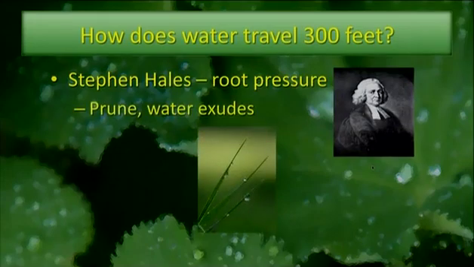But some plants don't actually bleed so much after you cut them. Also, root pressure generally is less than a few pounds per square inch, so that's really not enough to explain how water gets up to 300 feet, up to the top of the plant.